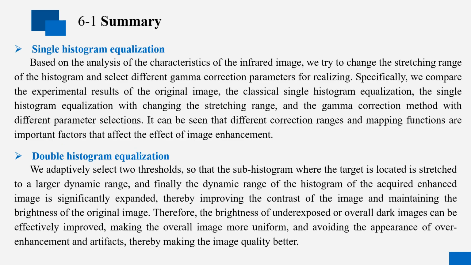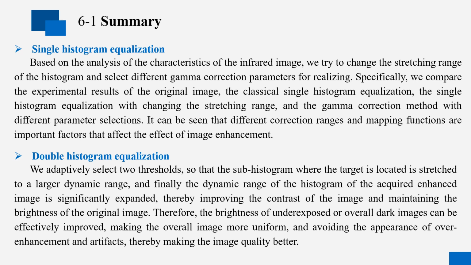Summary and outlook. Based on analysis of the characteristics of the infrared image, we try to enhance the stretching range of the histogram and select different gamma correction parameters for realizing this. Especially, we compare the experimental results of the original image, the classical single histogram equalization, the single histogram equalization with a changed stretching range, and the gamma correction method with different parameter selections.